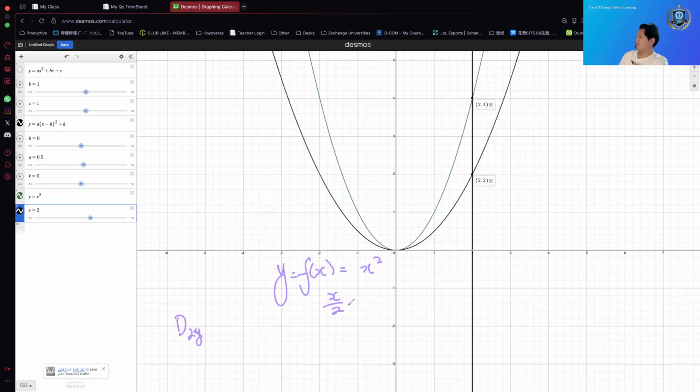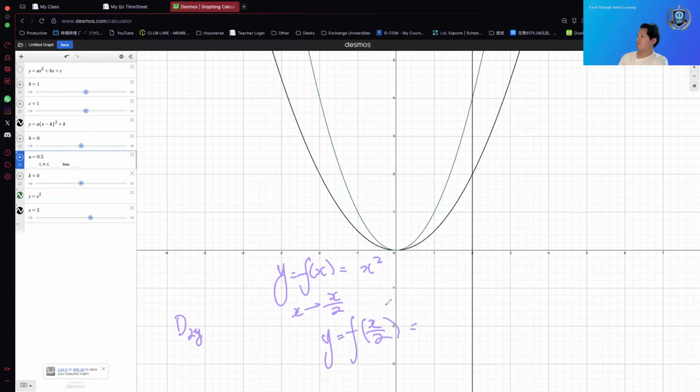Why is that? Because if I decide to stretch it, every single x I have now is being halved. If I write the graph out and substitute this in, x now becomes x on 2. I have y equals f of x on 2.